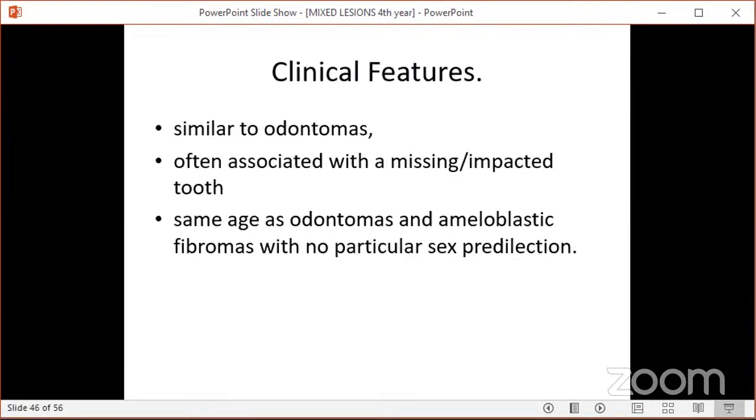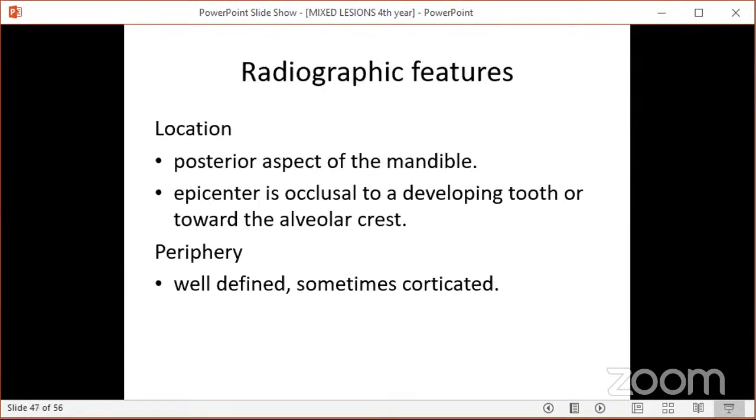Clinically, it appears similar to odontomas and is often associated with a missing or an impacted tooth. We'll also find it in the same age groups as the odontomas and ameloblastic fibromas, with no particular sex predilection. What about the location?